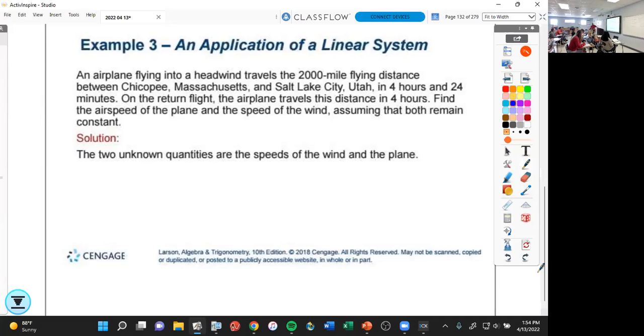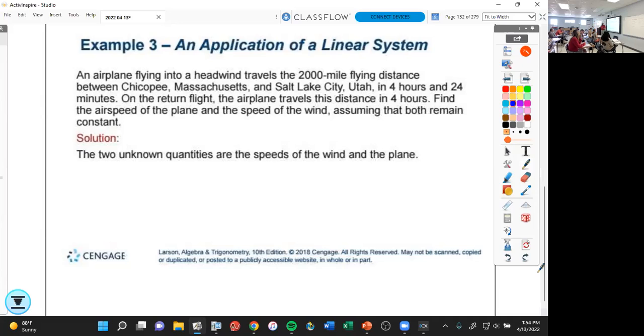Okay, so thoughts on this? We're flying from Massachusetts to Utah. It takes 4 hours, 24 minutes. But flying back, what does that mean? Okay. So we slow down. Okay, so talk about the speed of the plane.